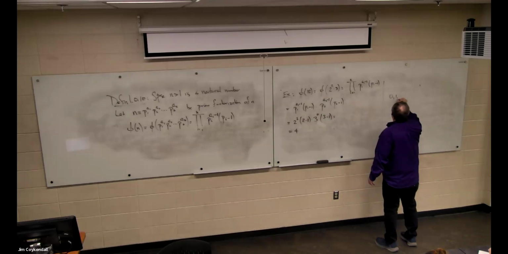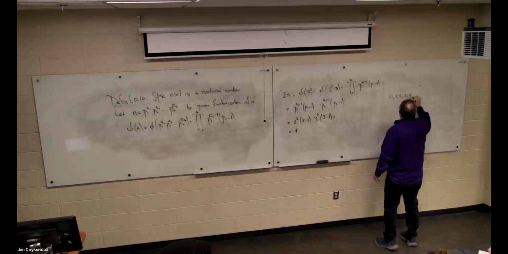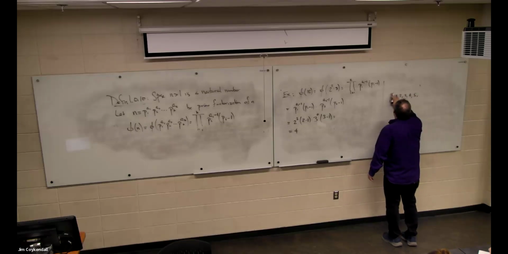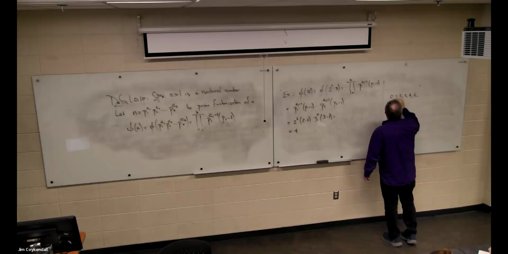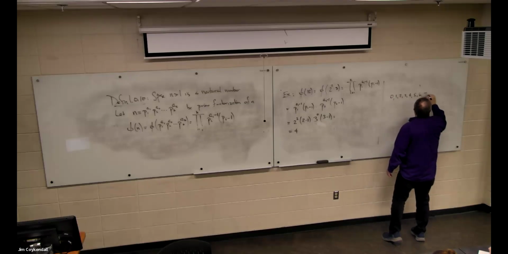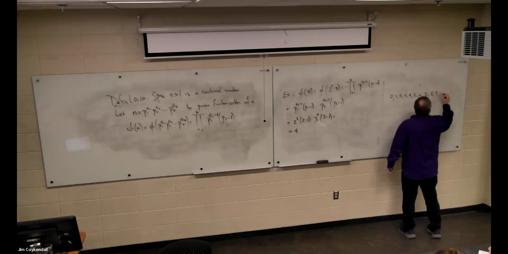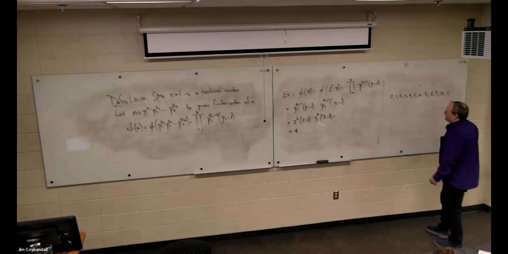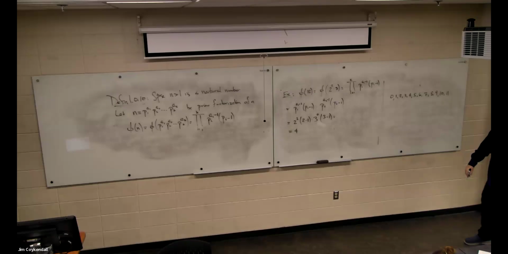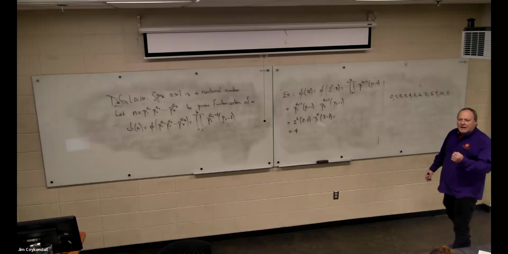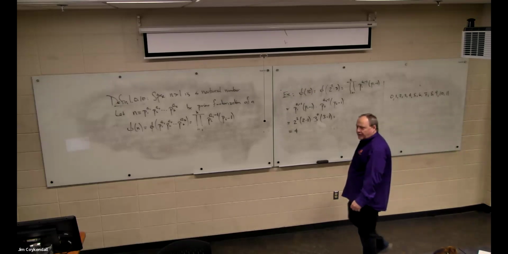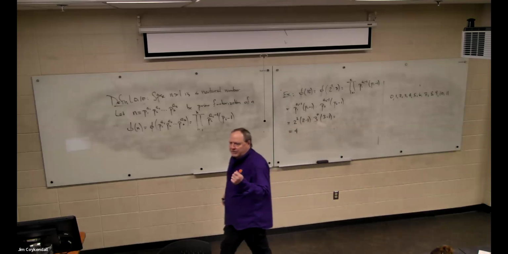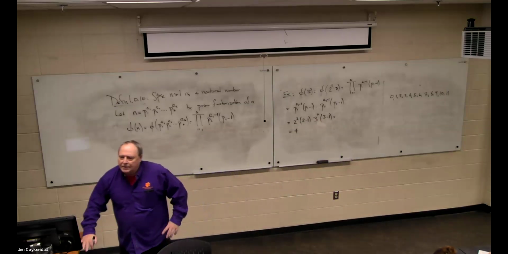Let's count just in this list of numbers. So that's the numbers between 0 and 12, not including 12.